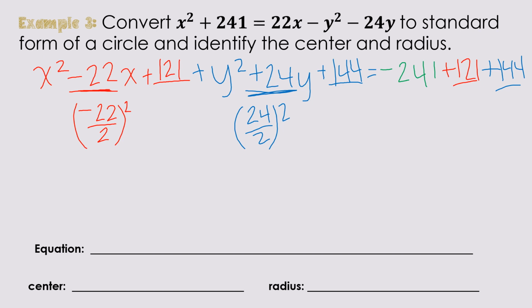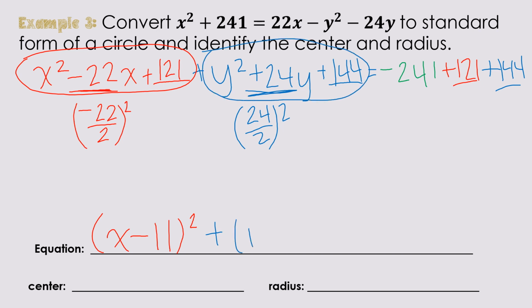Now we're ready to factor. So looking at the x portion of it, it's always going to factor to be x and then half of a, squared. So our a value was -22, so half of -22 is -11. Same concept for the y squared portion. It's going to be y and then half of b.